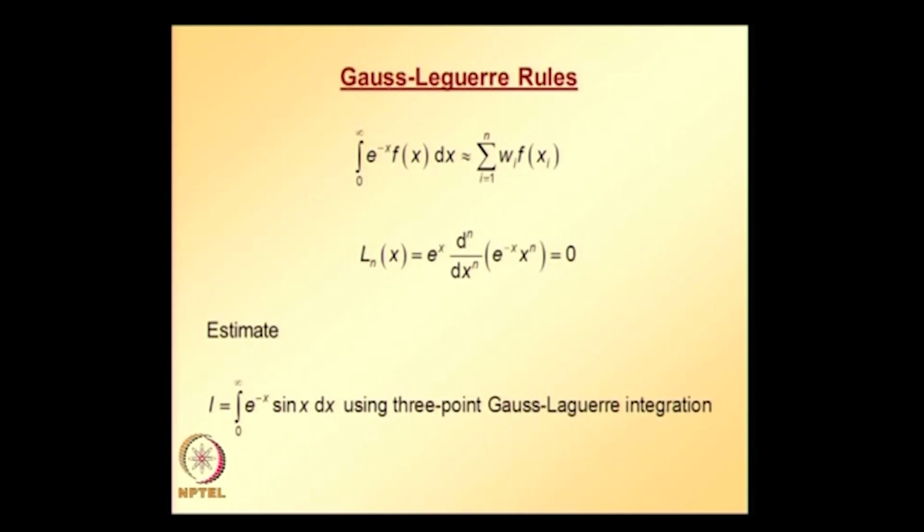Let us see how we can evaluate the integral from 0 to infinity of e power minus x sin x dx using 3-point Gauss-Laguerre integration. Similar to Gauss-Legendre integration, the locations and corresponding weights of the points are well documented in the literature, and they are given in this table.